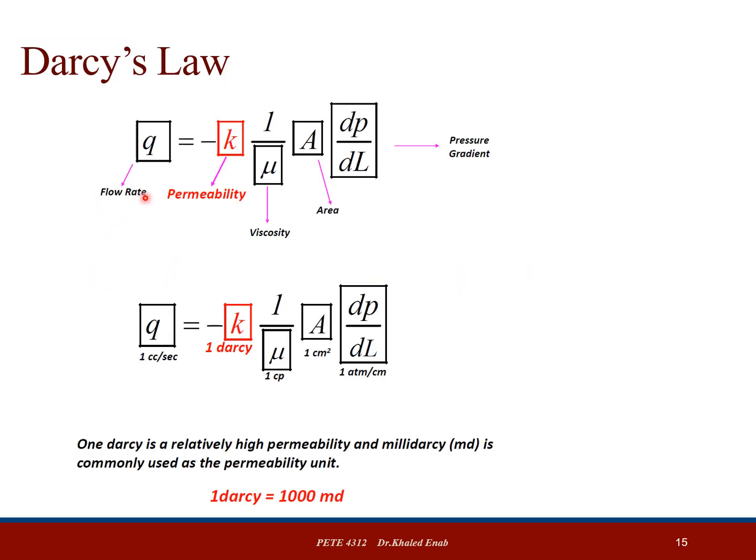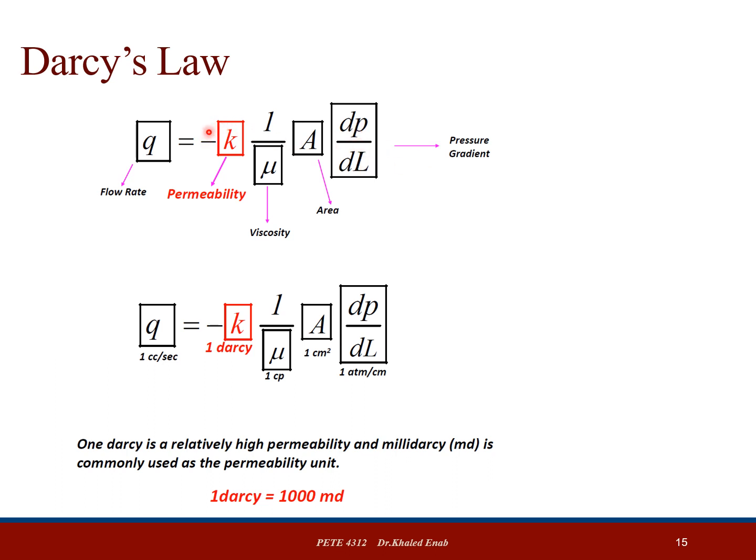Darcy's law is Q, which represents the flow rate, equals negative permeability, this is our term, times 1 over mu, viscosity, times the area, times change in pressure over change in length.